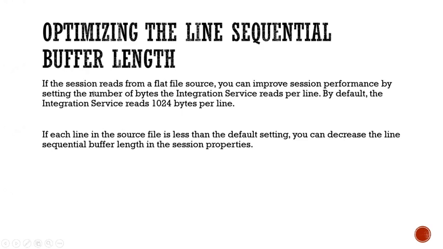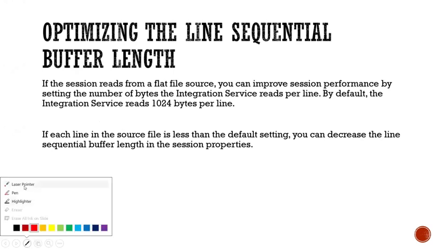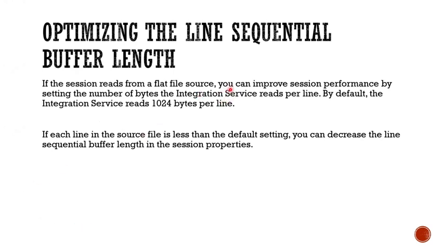The next slide is about optimizing the line sequential buffer length. I already explained where in the mapping area you need to optimize those things. Optimize the line sequential buffer length if the session reads from a flat file source. You can improve session performance by setting the number of bytes the Integration Service reads per line.